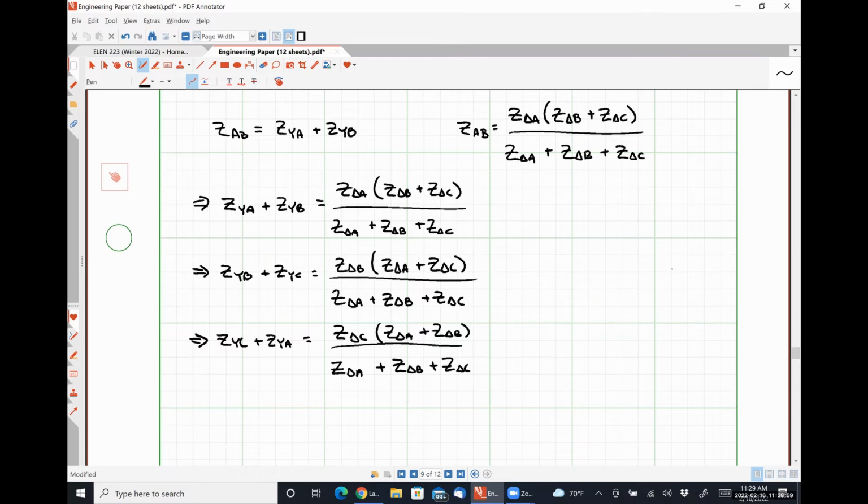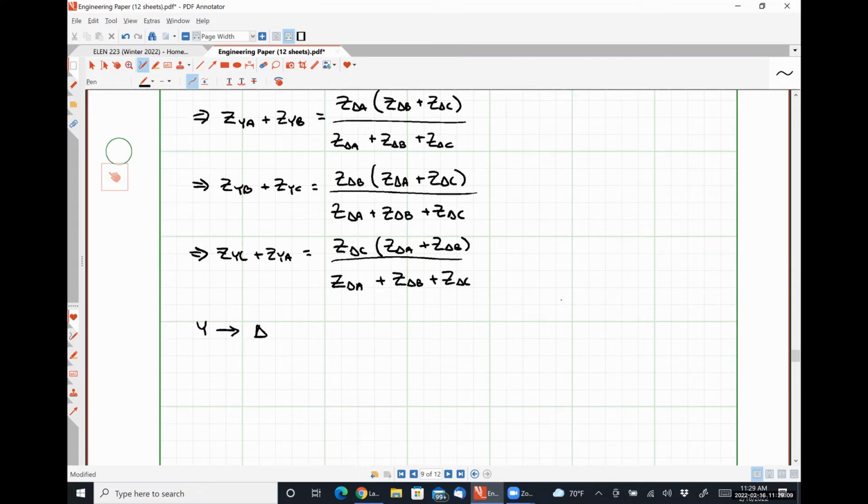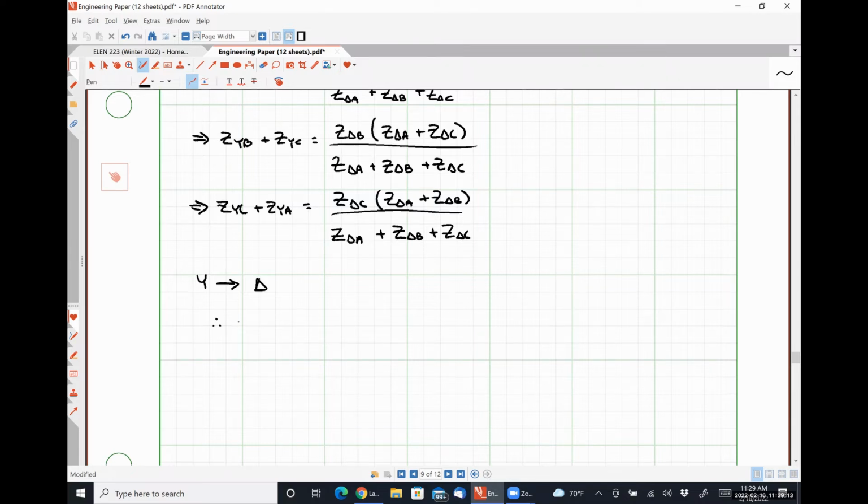All right. So to go from Y to delta, what we get is Z delta A is equal to ZYA times ZYB plus ZYB times ZYC plus ZYC times ZYA, all divided by ZYA.